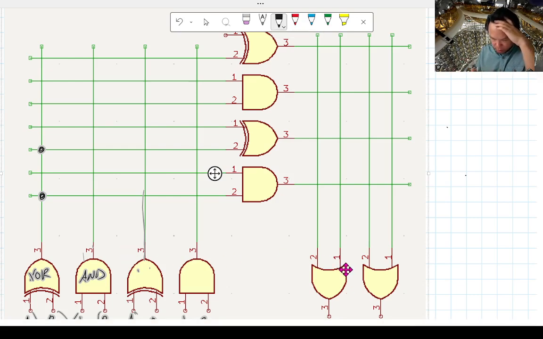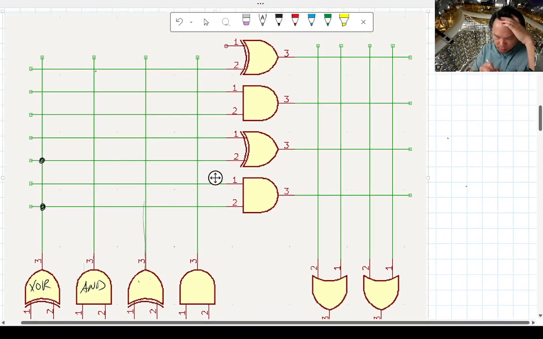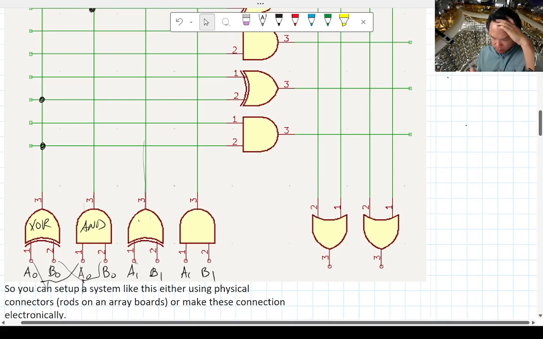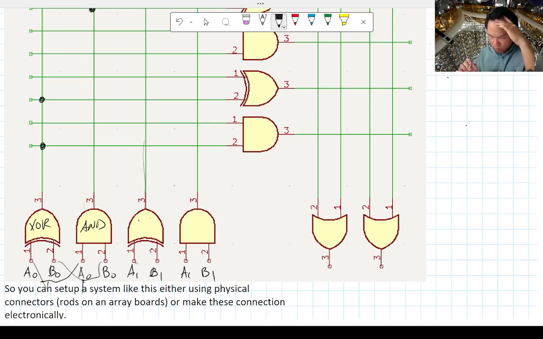to the OR gates. Okay, so what we can do is actually pipe this connection up here, because what we're going to do, we're going to tie this straight to ground. So whatever outputs here gets forwarded to the other side. Okay, so you have this AND gate, you go up here, and then you just pipe this output here, right? And this is actually going to be the C out.